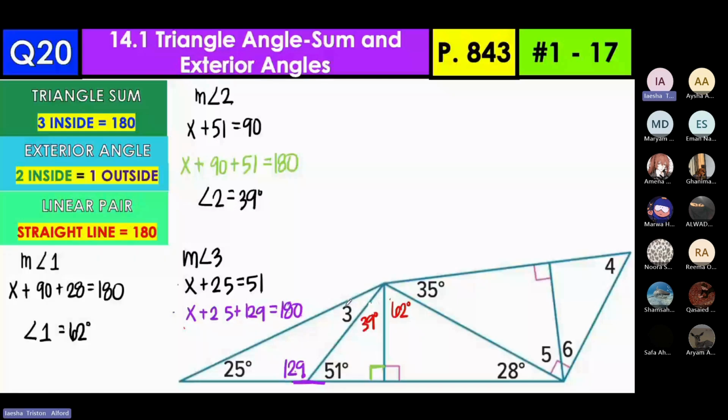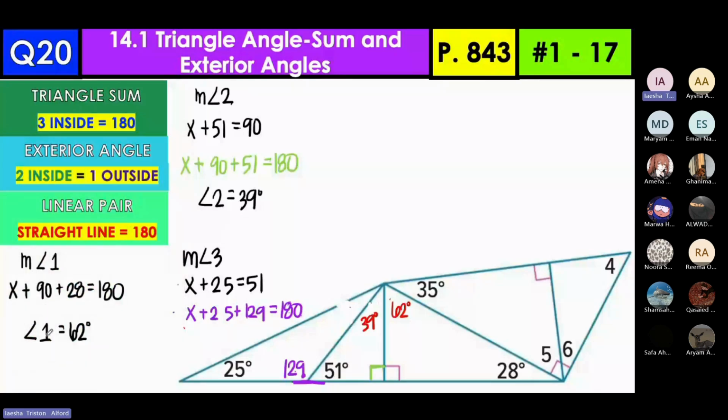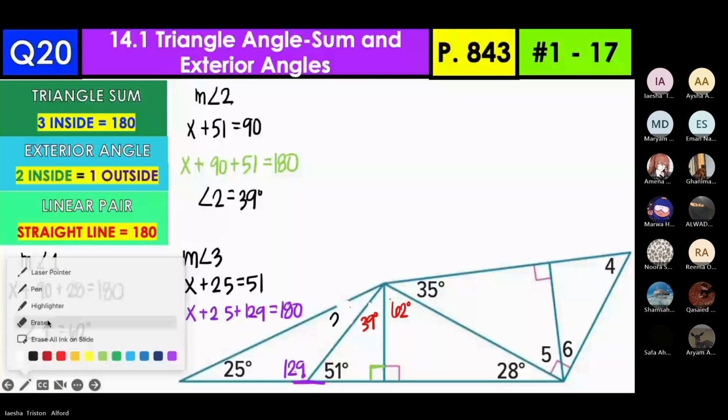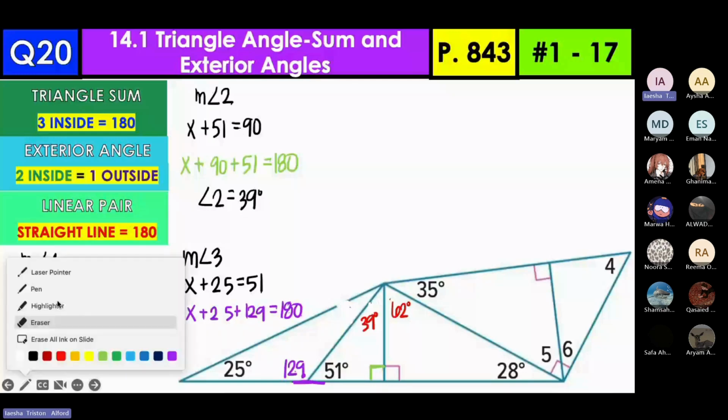Erase number 3. What number should be in there? Should be 26 here. So this one should be 26 degrees.